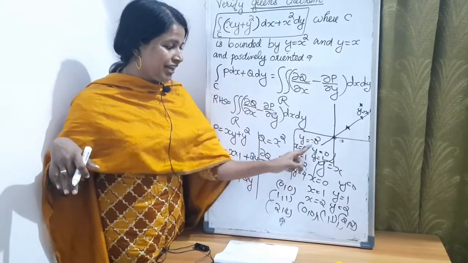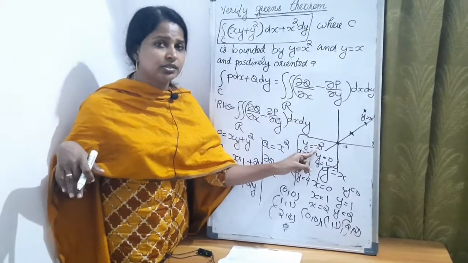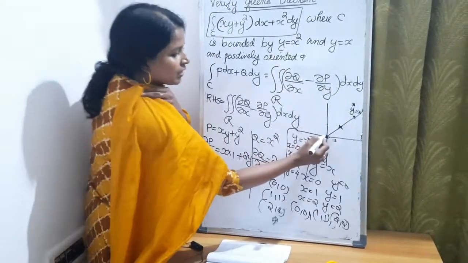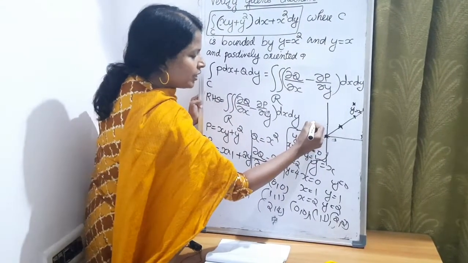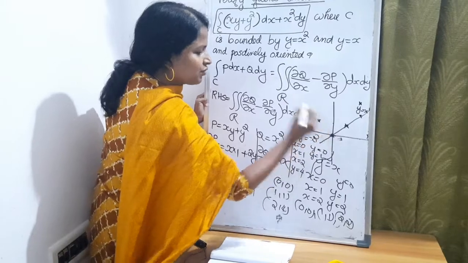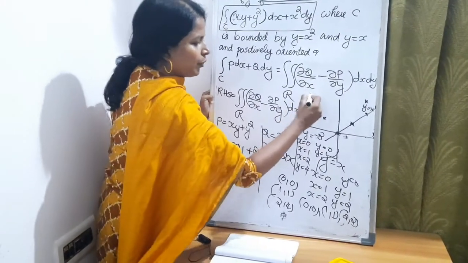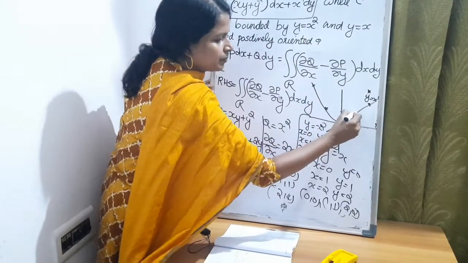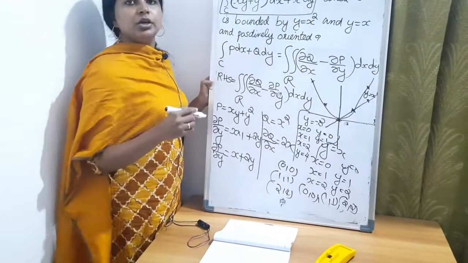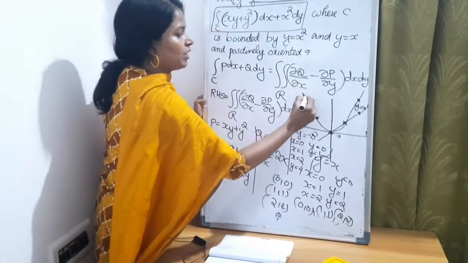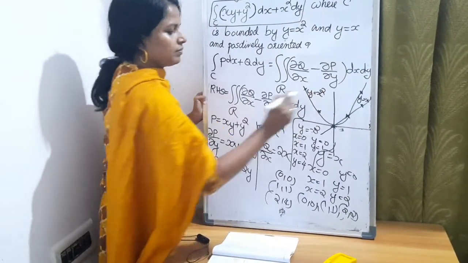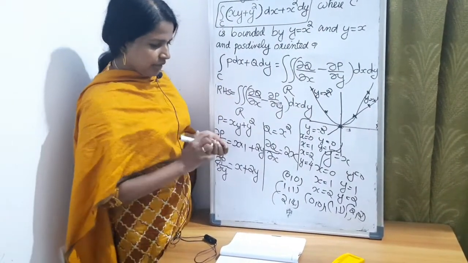Then x equal to minus 2, minus 2 square is positive 4. That is, the points are (0,0), (-1,1), then (-2,4). So this is the equation of the parabola, y equal to x square.